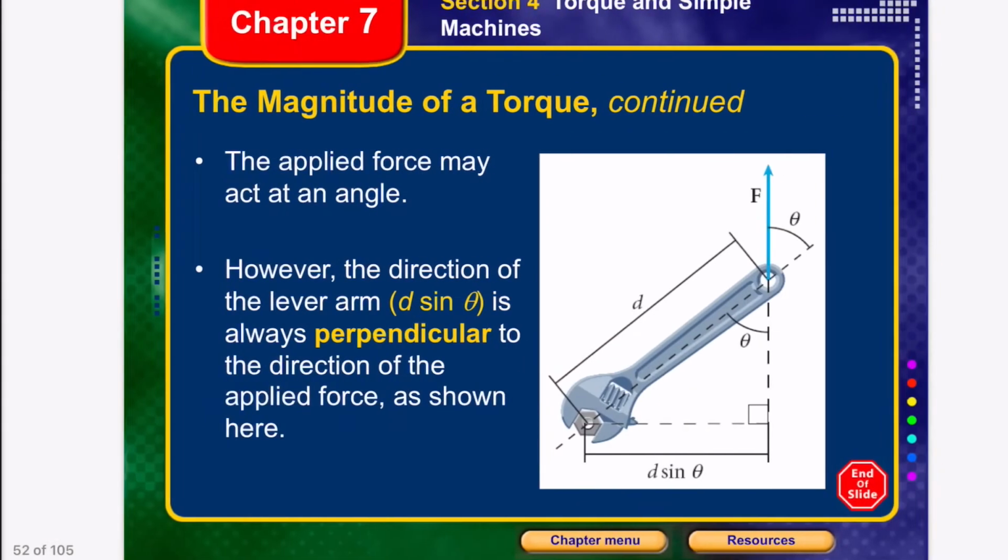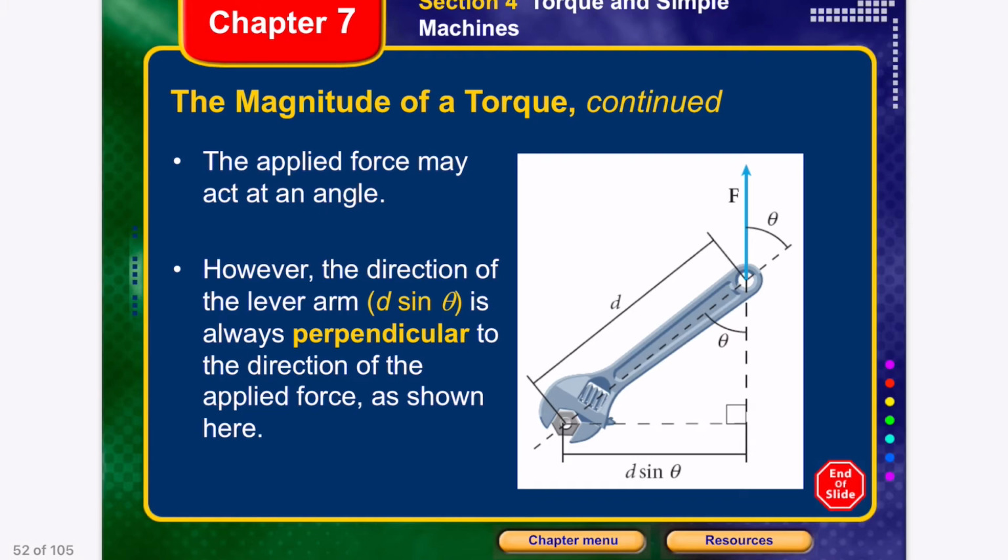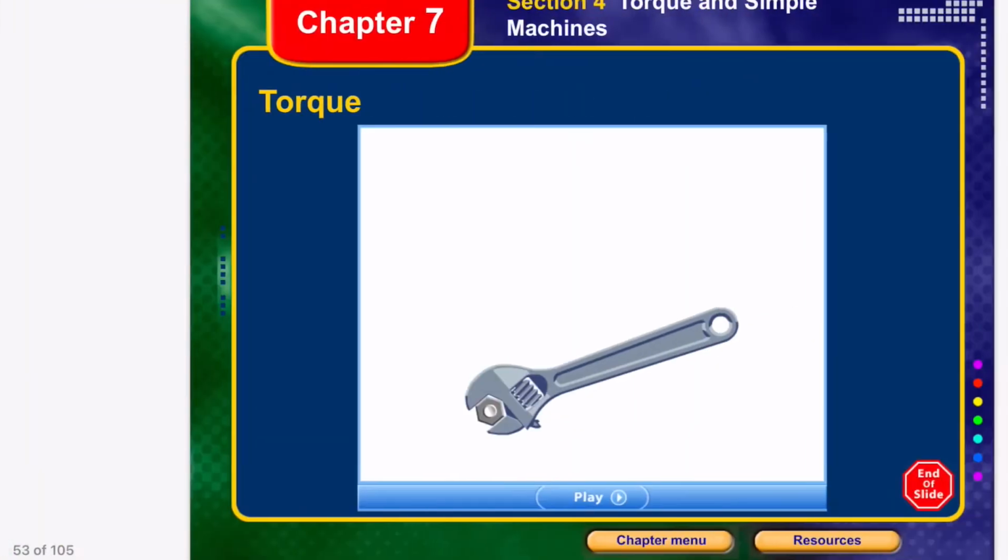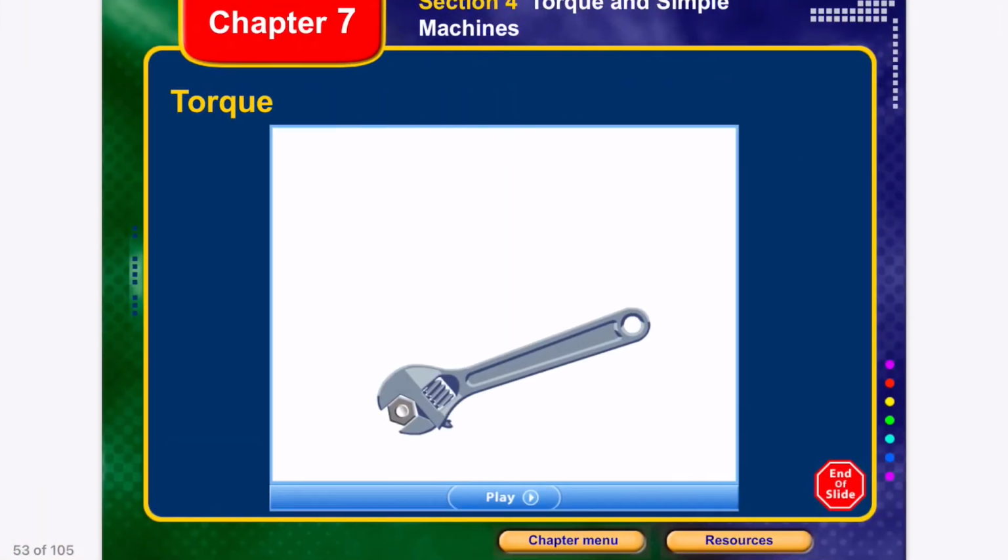This is the actual definition of torque. Now the applied force may act at an angle, or it might act perpendicular to the distance. We only calculate the perpendicular distance because that is the only one that we need. That's why we use the term F d sine theta.